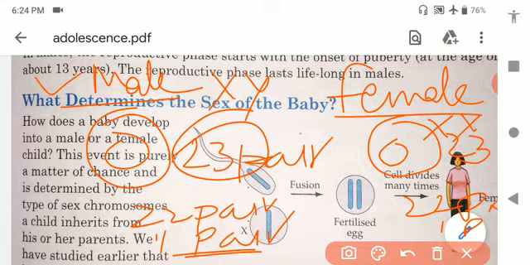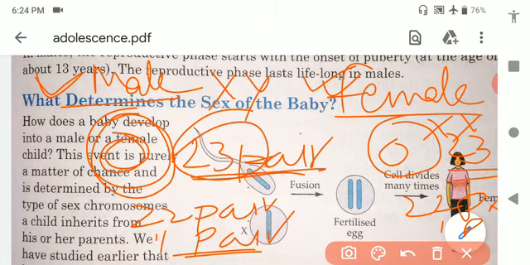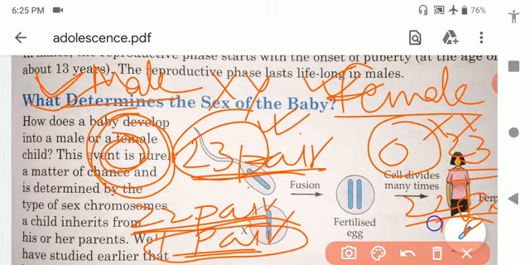In male and female, the nucleus of the cell contains 23 pairs of chromosomes. 22 pairs in both male and female are the same. Only one pair is different. So in male, the one pair is X and Y chromosome, and in female it is XX chromosome.